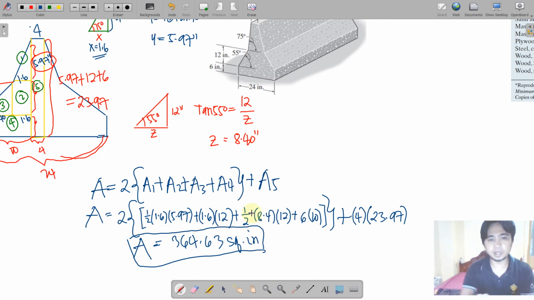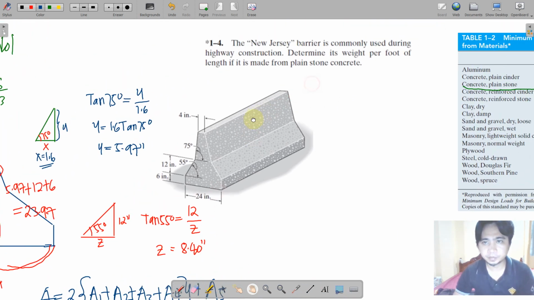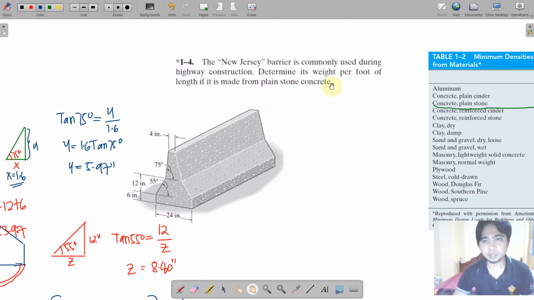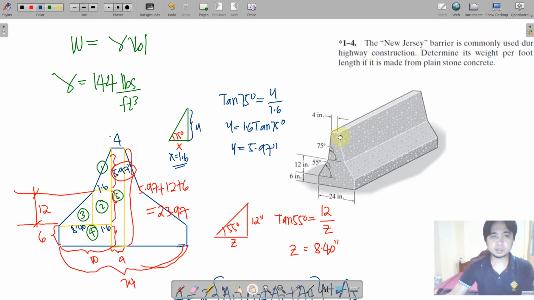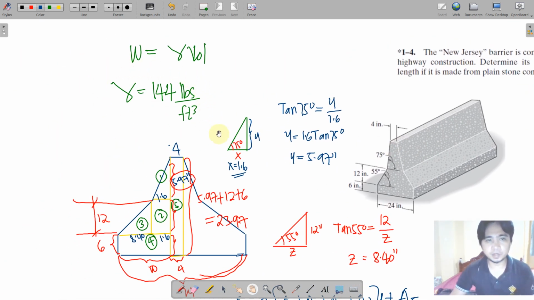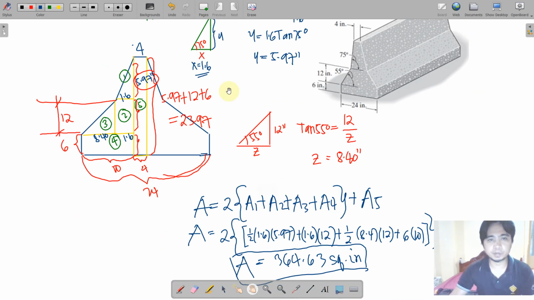So we review now our unknown: determine its weight per foot of length if it is made from plain stone concrete, and we identified the gamma of that one, 144 pounds per cubic foot.